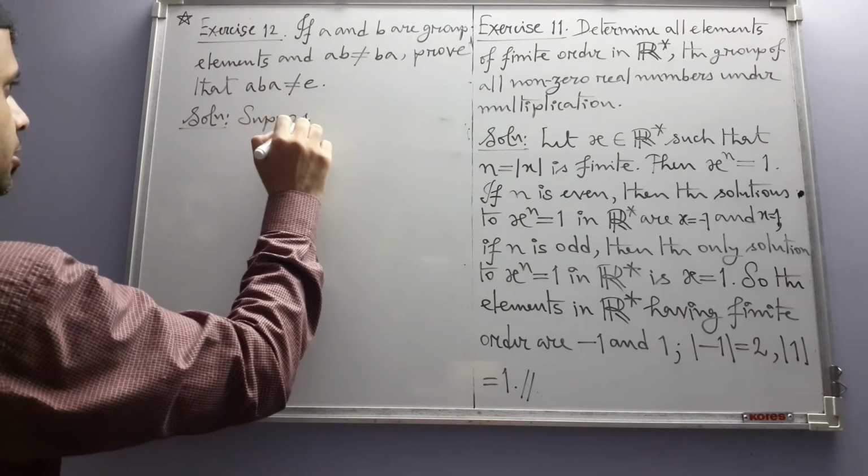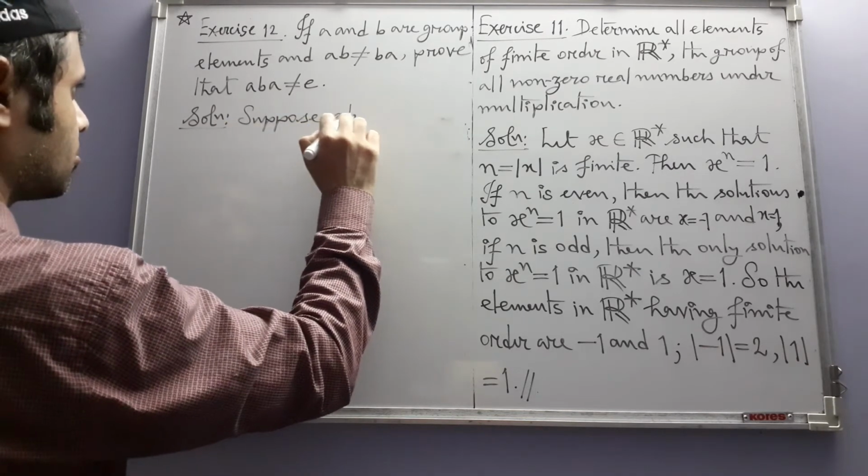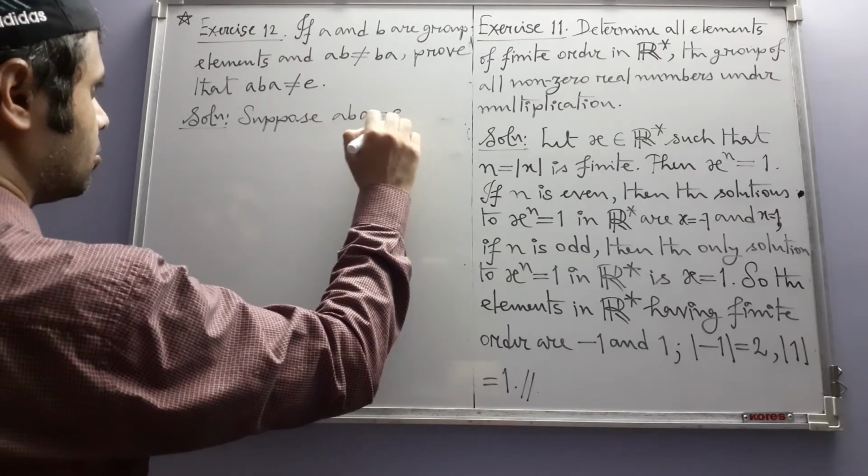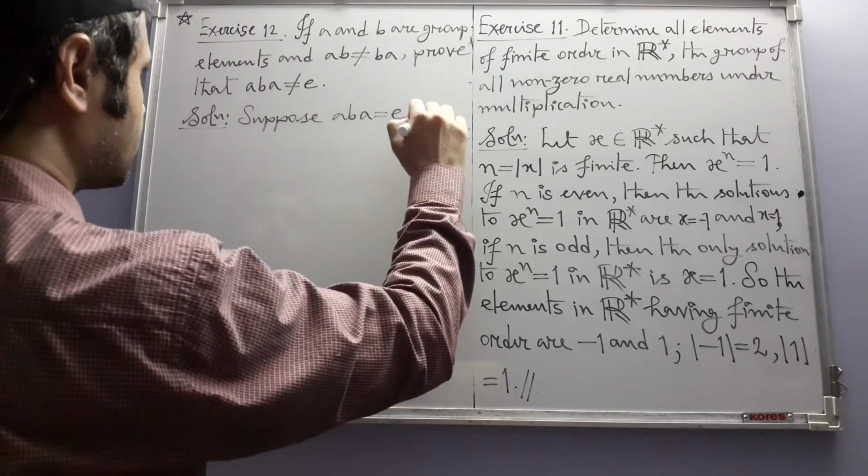To the contrary, suppose ABA is equal to the identity.